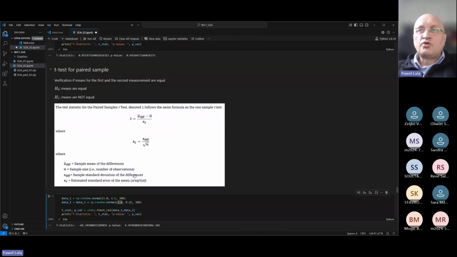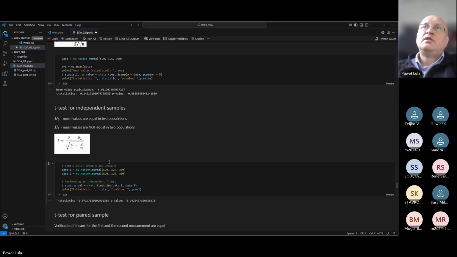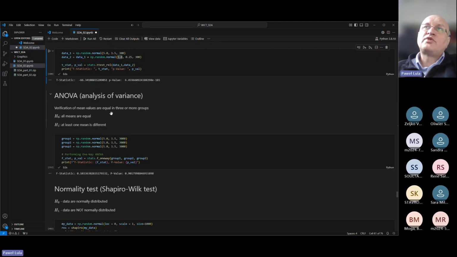But what should we do if the number of populations and samples is greater than 2? Then, instead of the t-test for independent samples, we should use a test which is called analysis of variance, the ANOVA test.